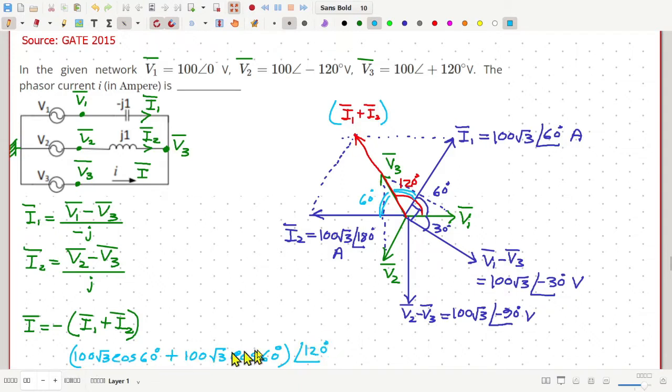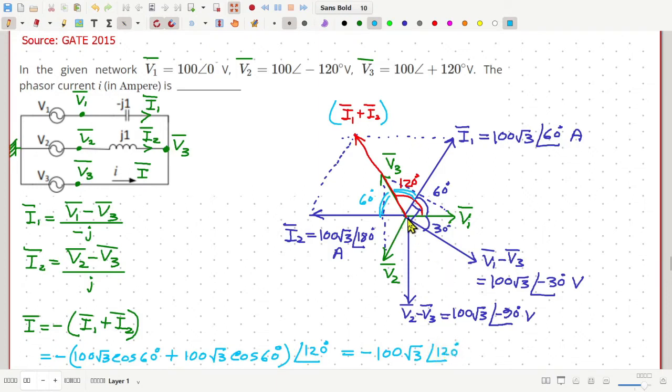So this is the value of I1 plus I2, and to get the current I, we have to put a minus here. So this is current I, and this will be equal to minus 100 root 3 at an angle of 120 degrees.